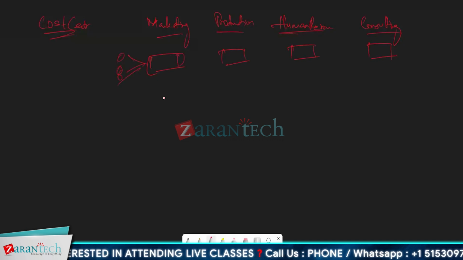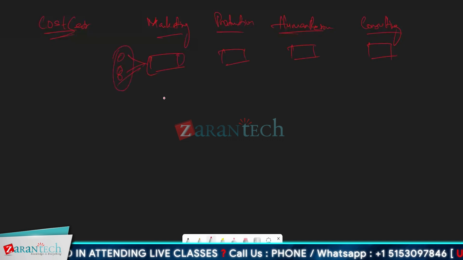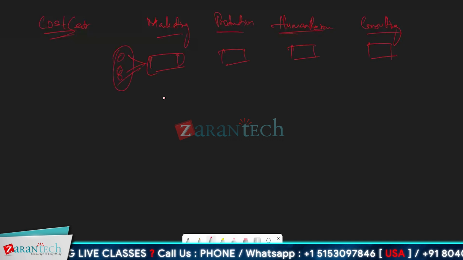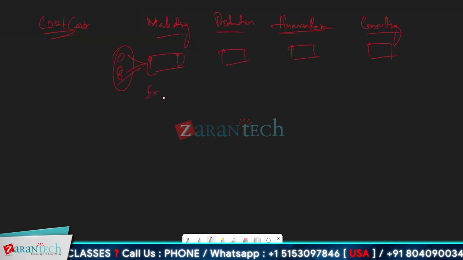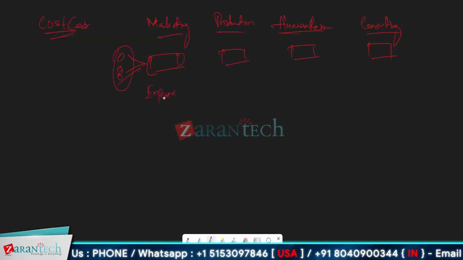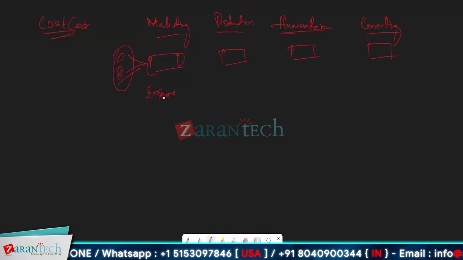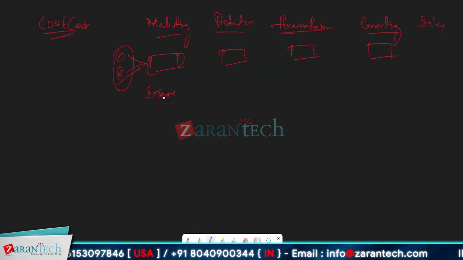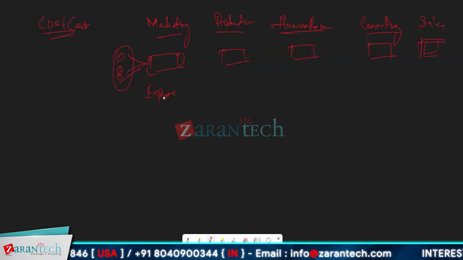Any money that you are generating from sales, sales will be one cost center. So basically you will have different cost centers, then you will report the expenses and the profits for each of these cost centers. For every cost center you will have some expenses, some profit, depending upon the type of cost center.